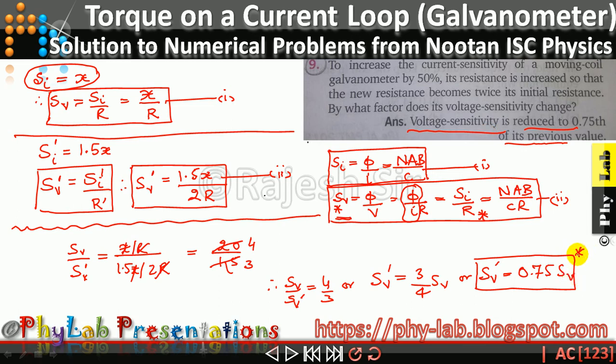You get the same meaning. Or you can also say that the new voltage sensitivity is reduced by 25% of the initial value. So all these are ways of stating the voltage sensitivity. I hope this solution will help you understand how to solve these numerical problems.